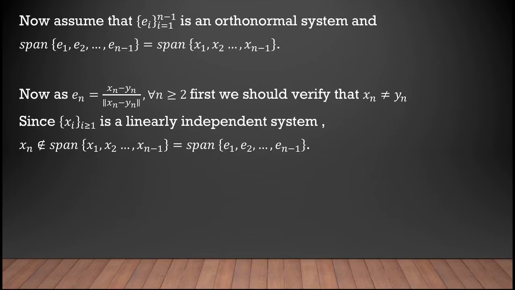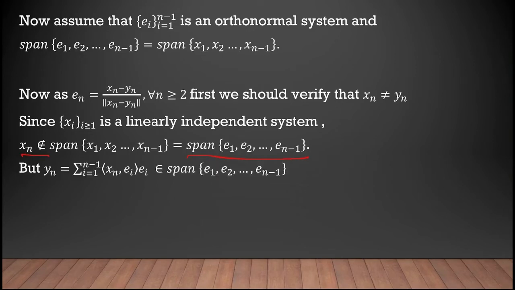So xn is not an element of span of x1, x2, etc., xn minus 1, and we have assumed that span of x1, x2, etc., xn minus 1 is same as span of e1, e2, etc., en minus 1. So we have xn is not an element of span of e1, e2, etc., en minus 1. Okay. Now what about yn?